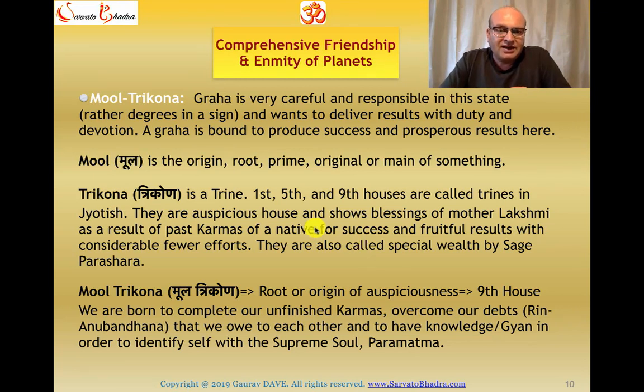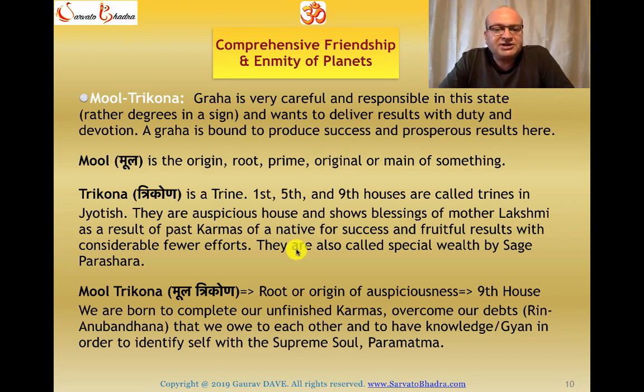So coming back to our point, the Trikonas are the most auspicious houses. They give us a lot of abilities, lot of blessings, and these are the Dharma Trikona. Dharma is in ascendant, Dharma is in 5th house, and Dharma is in 9th house, and it is Dharma Trikona.